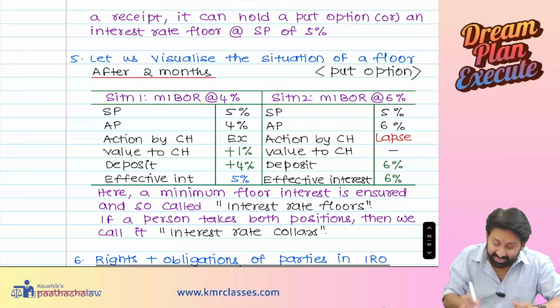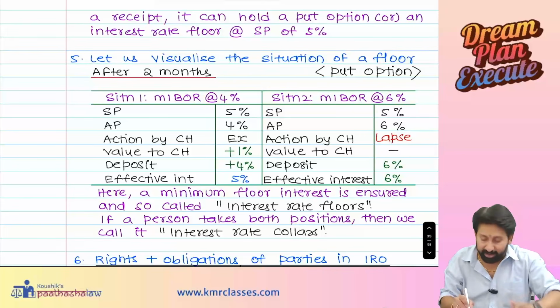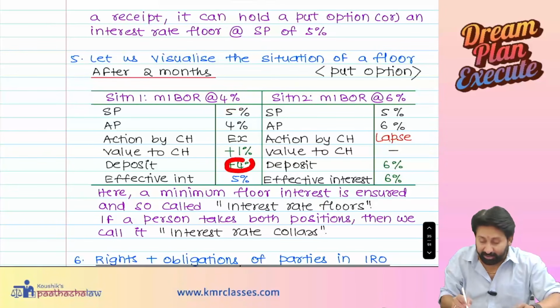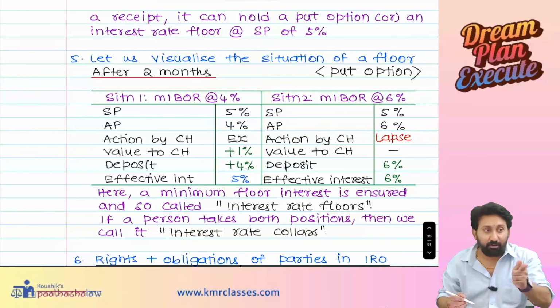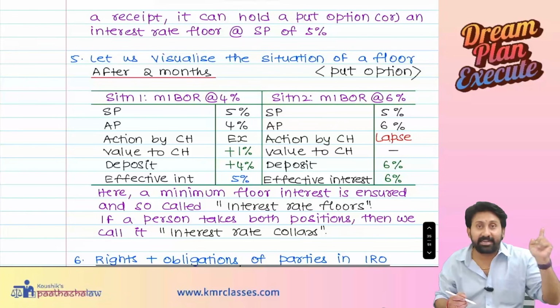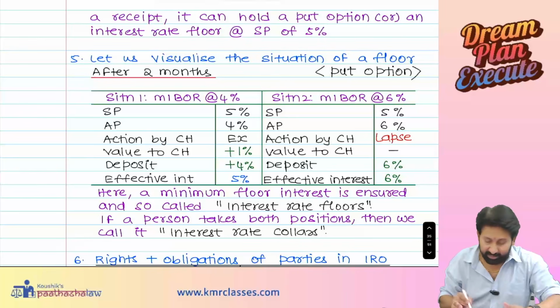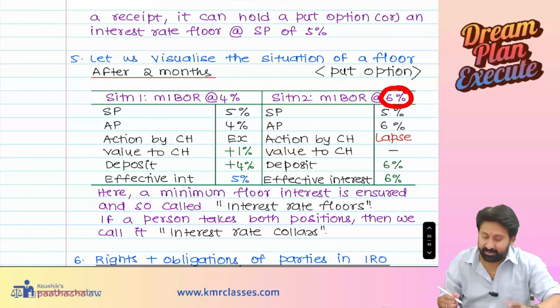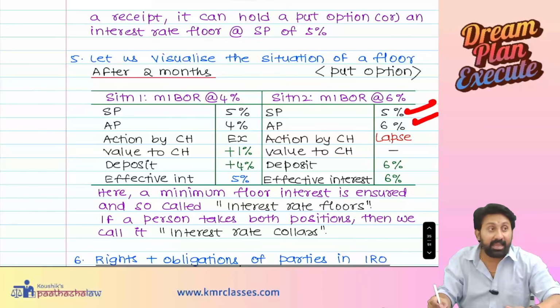Sorry, you will take a sell at 5 and buy at 4. You are making a gain of 1. But interest rate in the market is only 4. Now you will deposit at 4. You are depositing it at 4%, but you already have a 1% gain. Your effective rate is 5%. That is the first point.